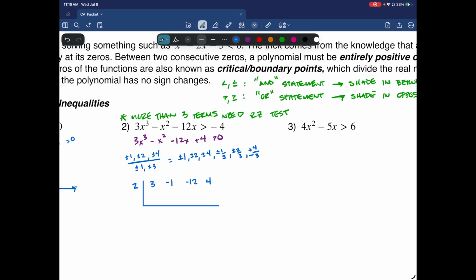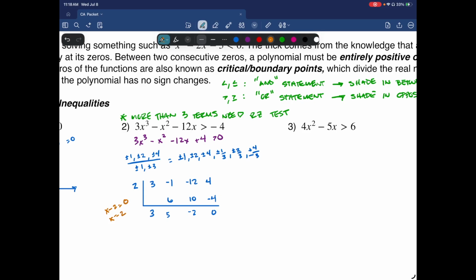Bring the 3 down. It's going to give me 6, 5. That's going to be 10, -2. This is -4, 0. Remember, I got the 2 from x minus 2 equals 0, so x equals 2. That's what I'm dividing by.